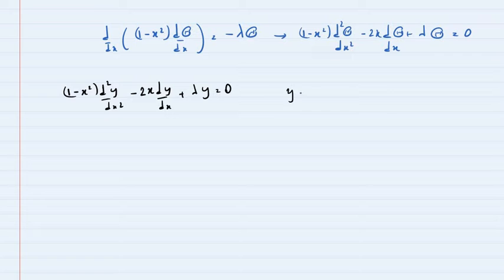And the series solution that I am going to assume is y equals the sum over j from 0 to infinity of a_j x^j. The first derivative becomes y' equals the sum from 0 to infinity of j a_j x^(j-1).